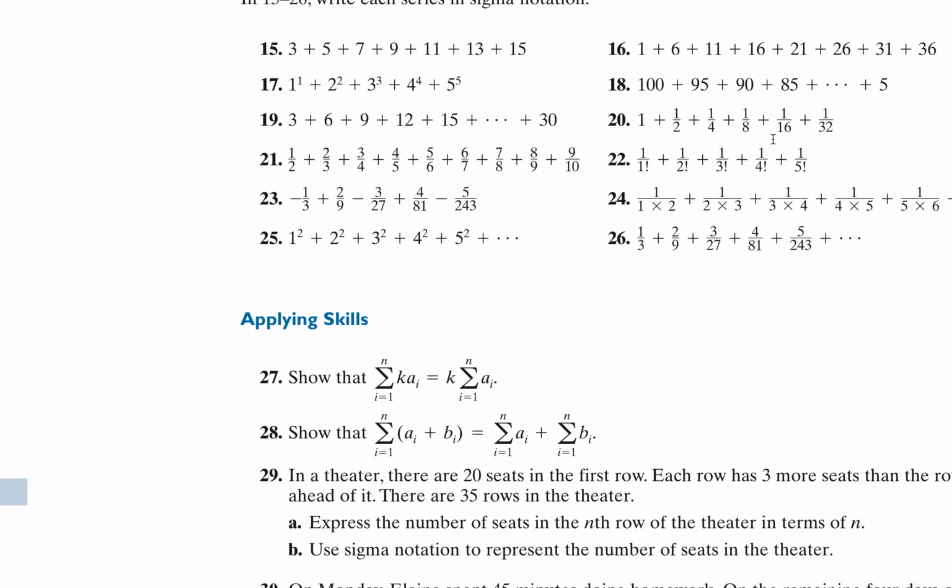The first number is 1/2 to the 0 power. The second number is 1/2 to the first power, and then keep going until the last term is 1/2 to the fifth power.